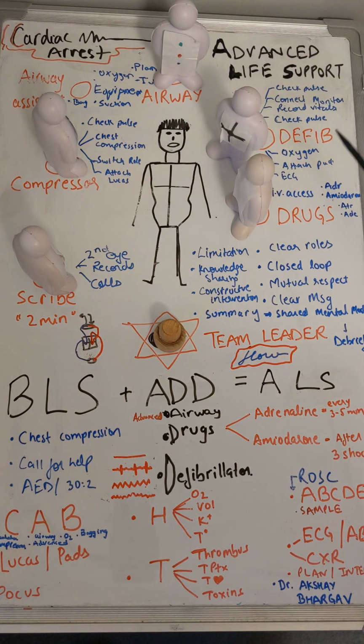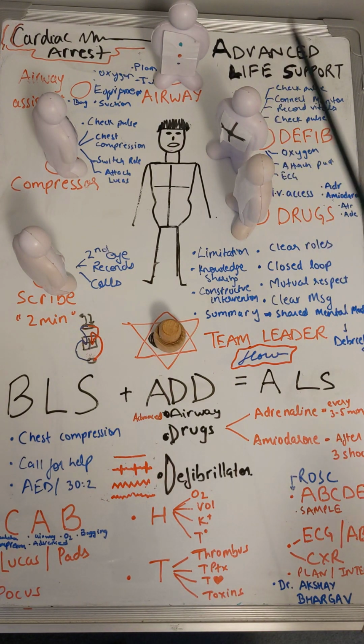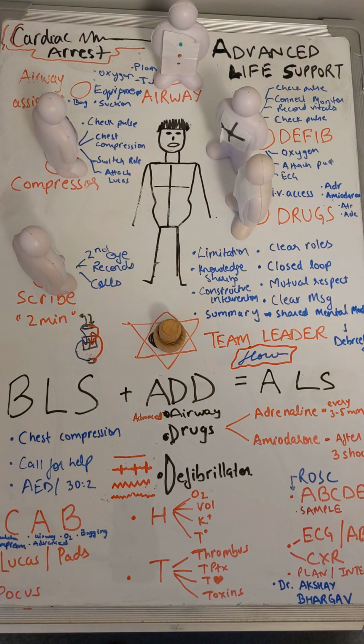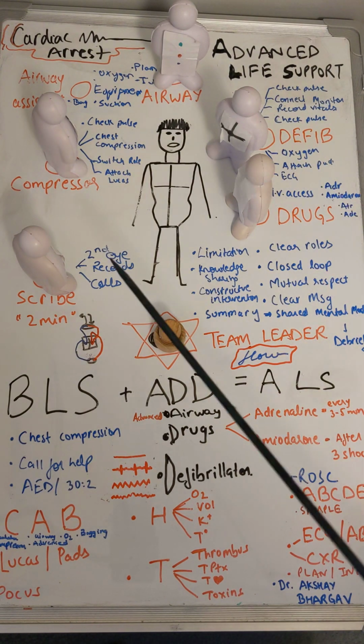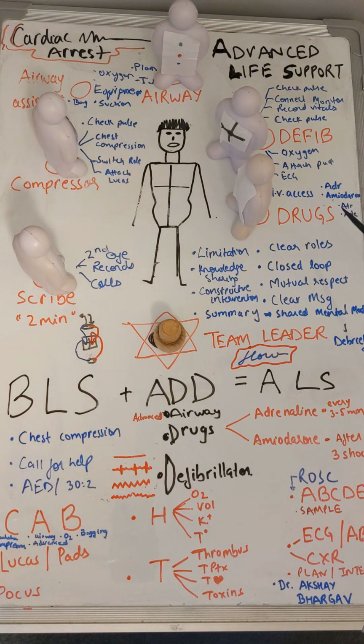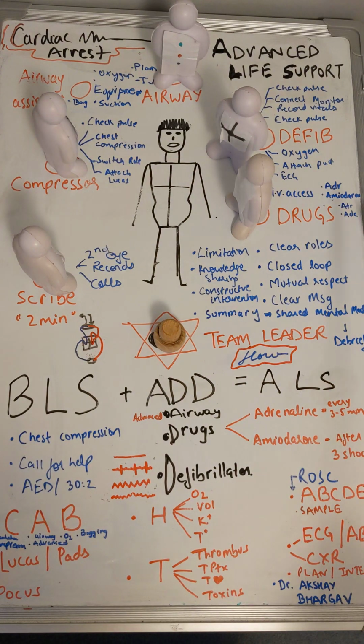But say the first 2 minutes were over, and you delivered a shock. Now what you're going to do, you continue with IV access. You ask this person to get IV access, load and prepare drugs, and adrenaline you would give, which is 1 milligram in the dilution of 1 in 10,000.